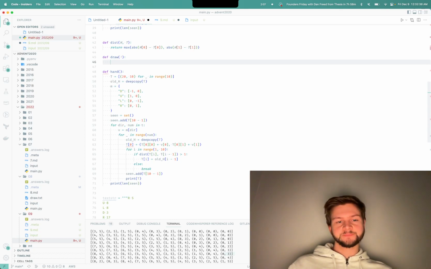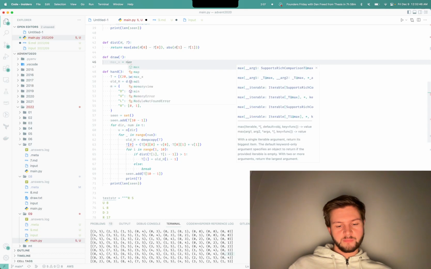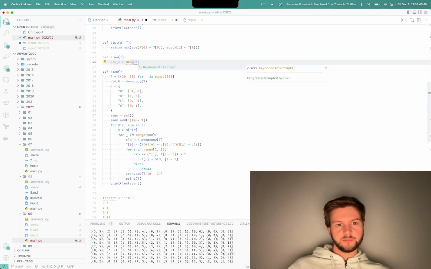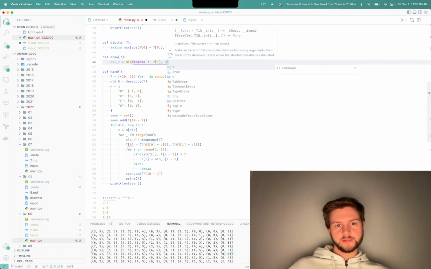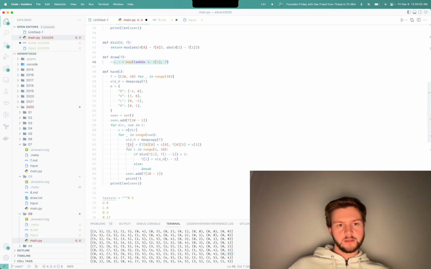So we're going to take max x is the mapping of lambda i to 1 of t, x.